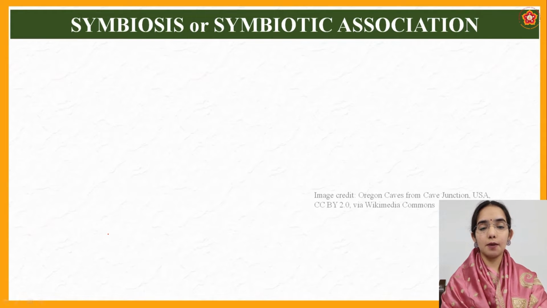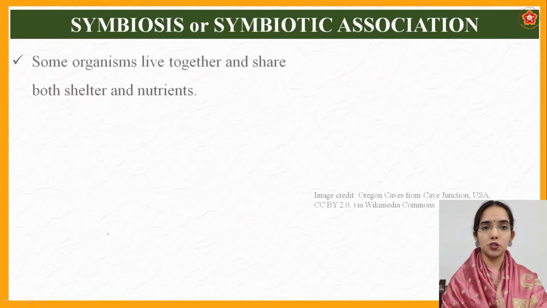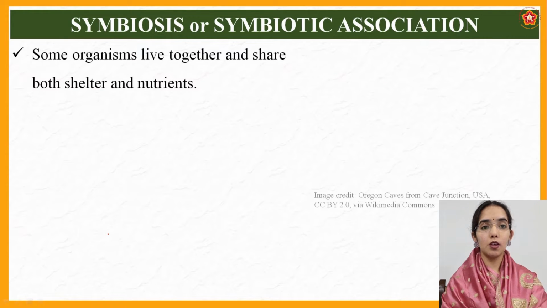Now let's study about symbiosis or symbiotic association. First of all, what is a symbiotic association? So there are some organisms that live together and share both shelter and nutrition.